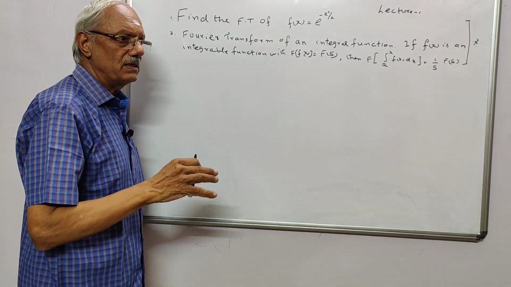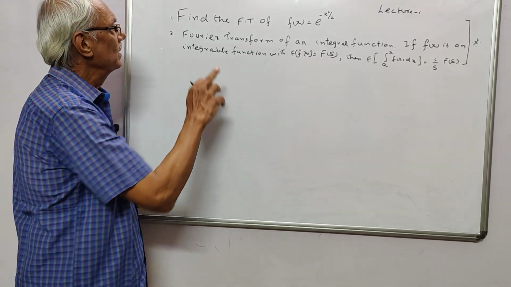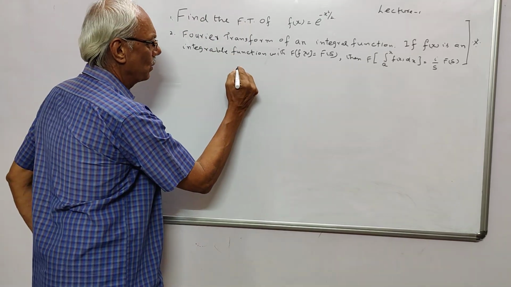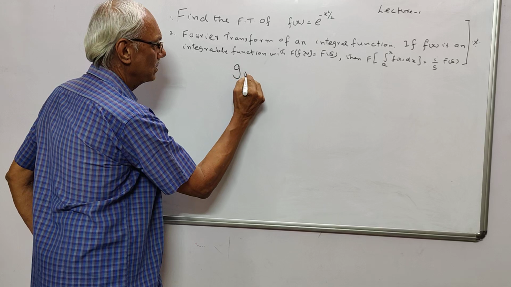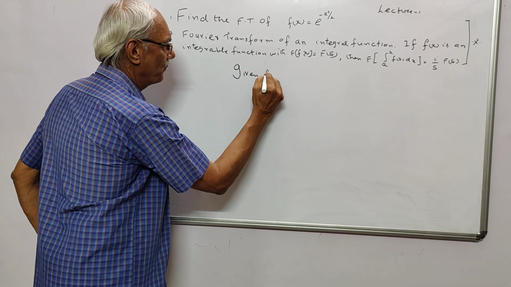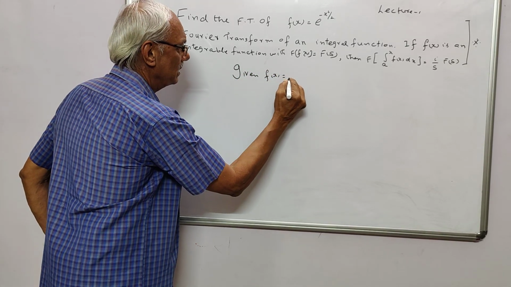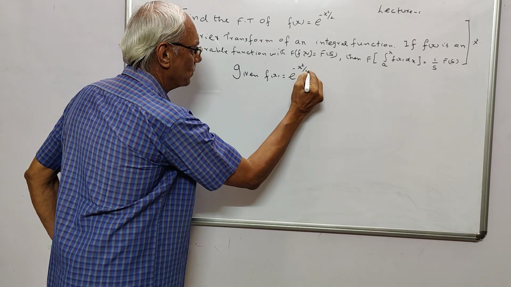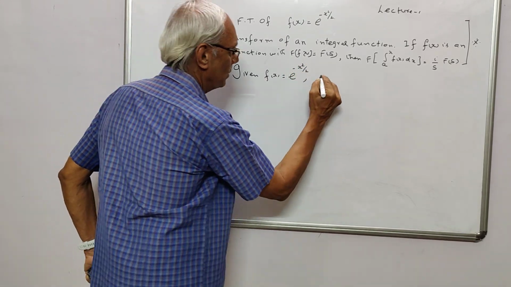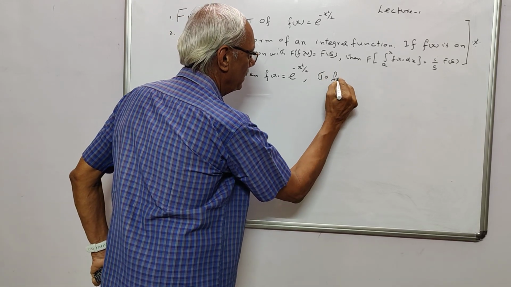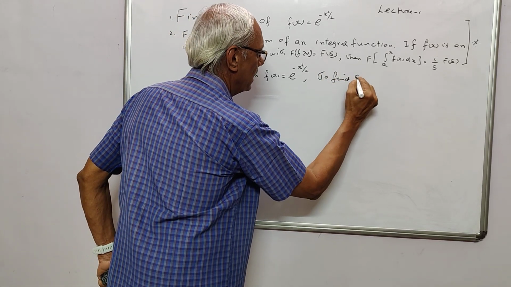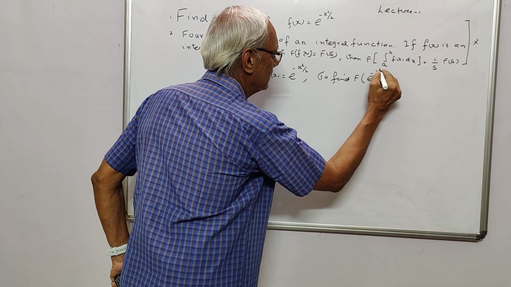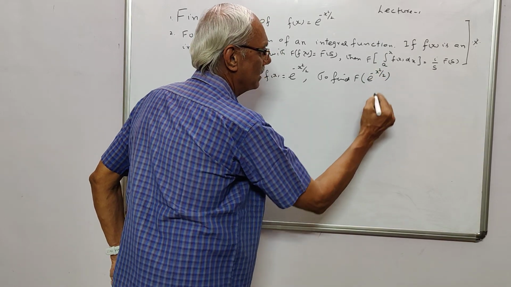So first of all, let me take this problem. You are given f of x is equal to e to the power of minus x squared by 2, to find F of e to the power of minus x squared by 2.